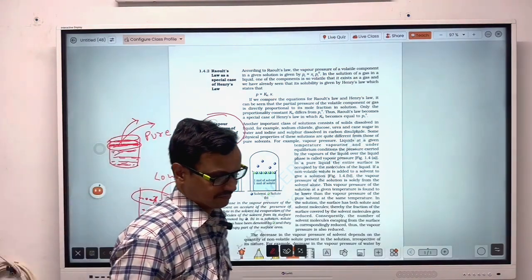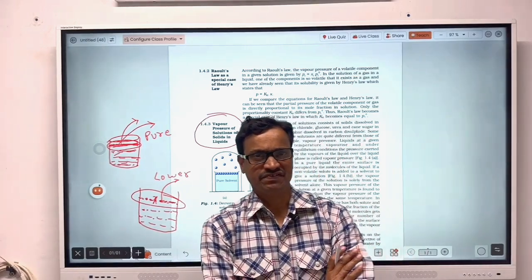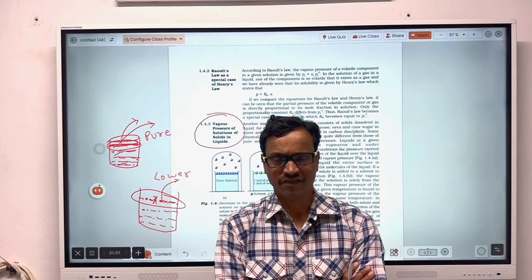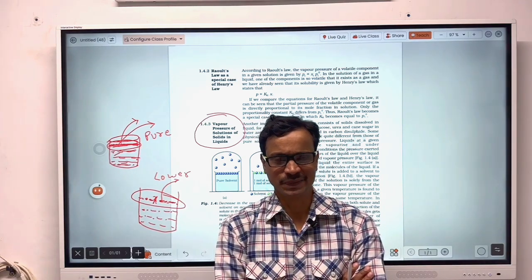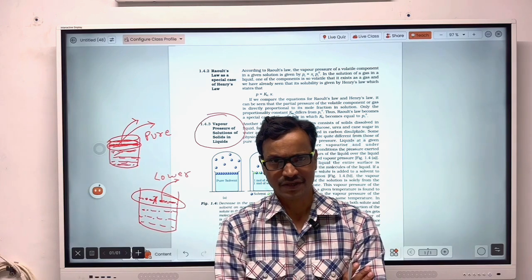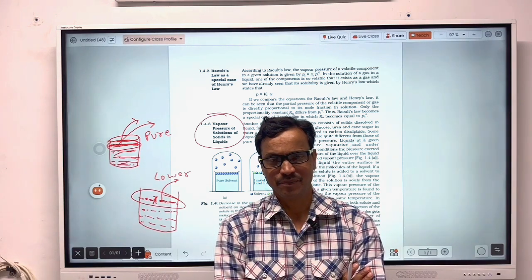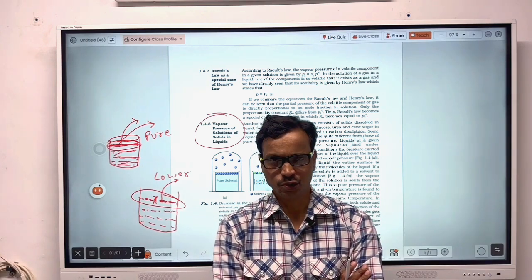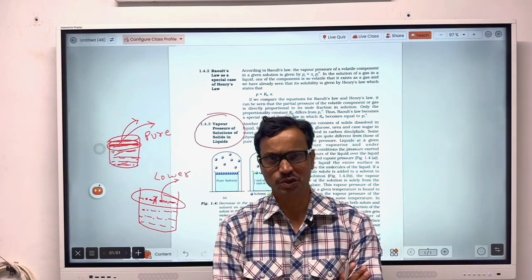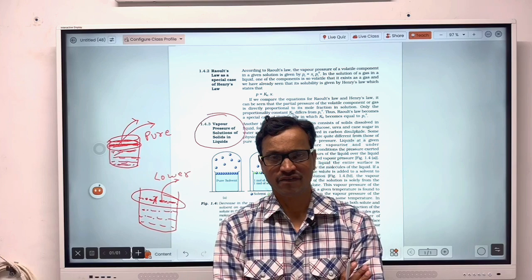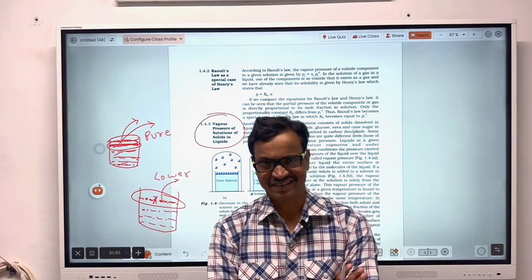So when a solid dissolves in a liquid, the vapor pressure of the resulting solution will become lower than the pure liquid, because some of the solute particles will displace the liquid solvent particles from the surface.